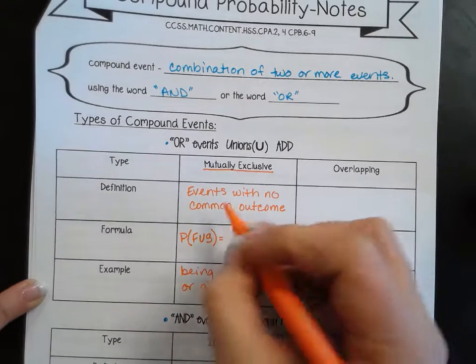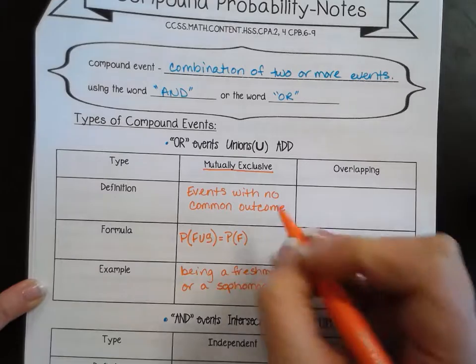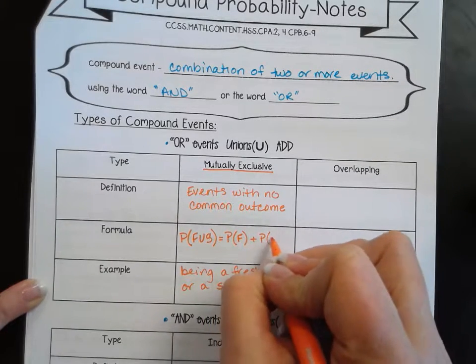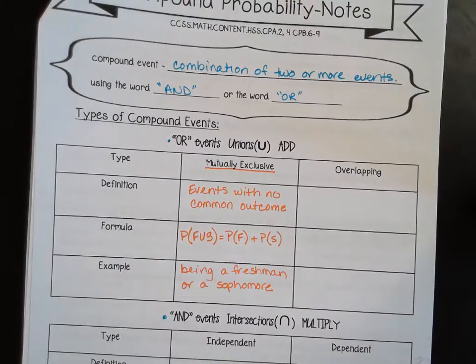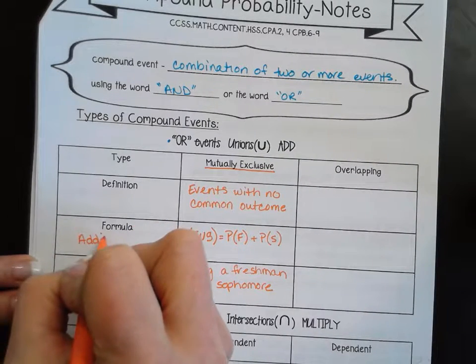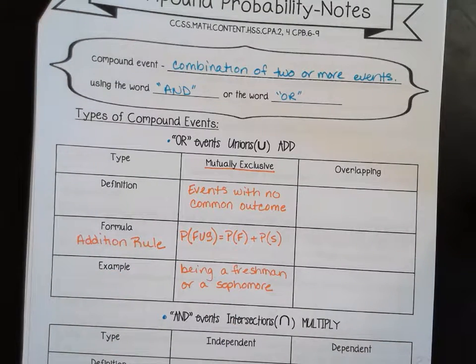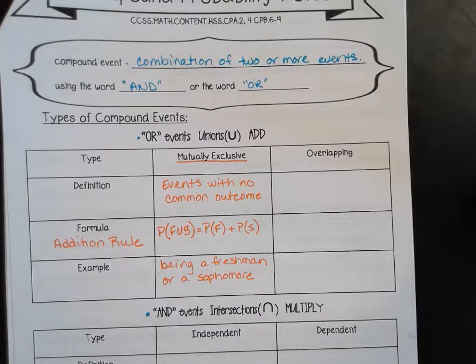So I find the probability of being a freshman, and I find the probability of being a sophomore, and it's basically an addition rule. Good so far? Does that make sense?